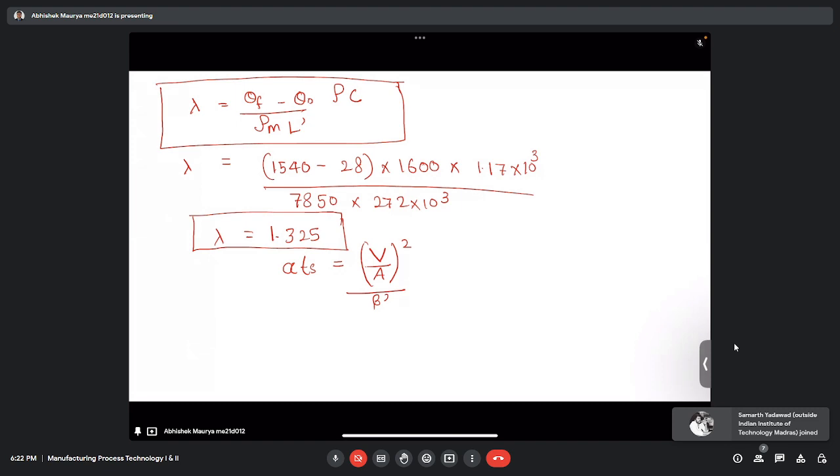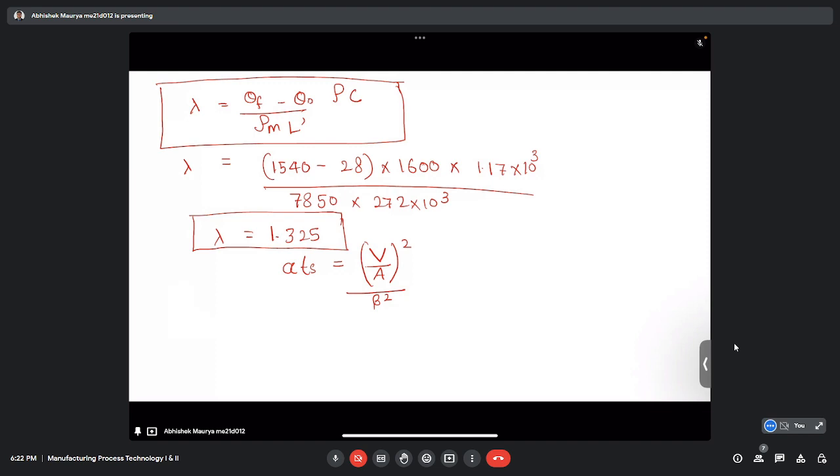Okay, so as of now, we have just calculated the V by A ratio, but we don't know beta. Beta depends on the geometry of the casting.